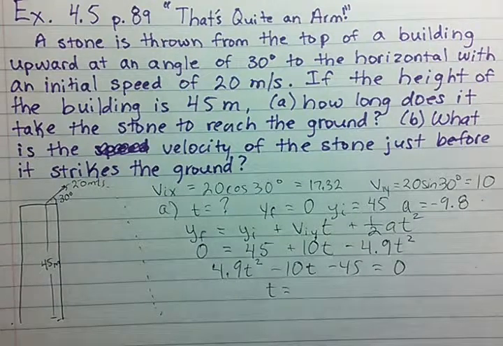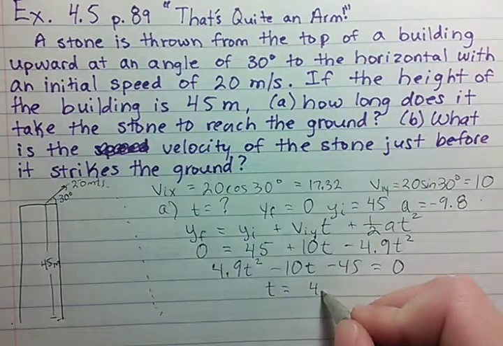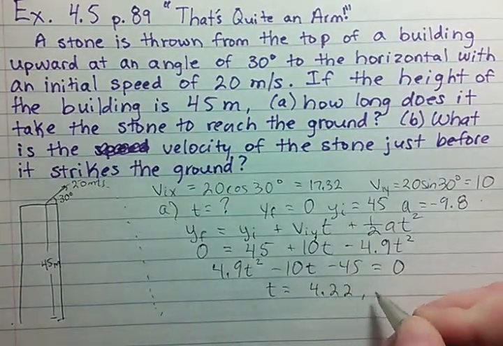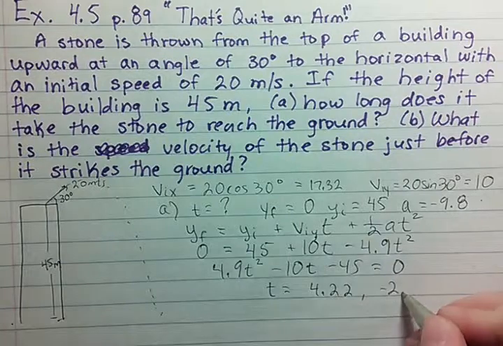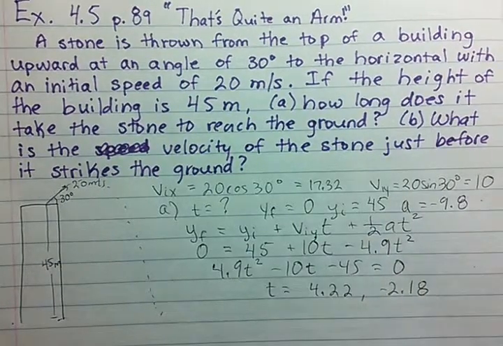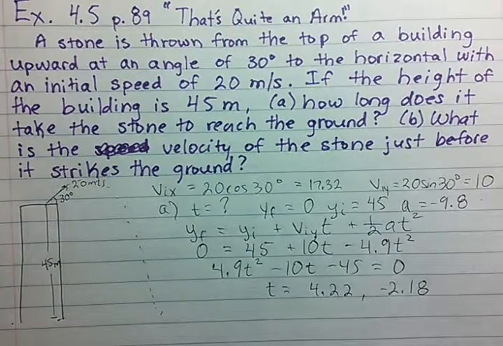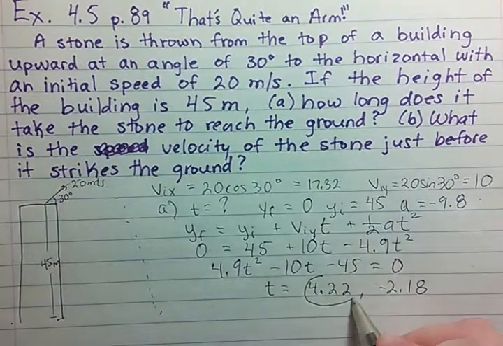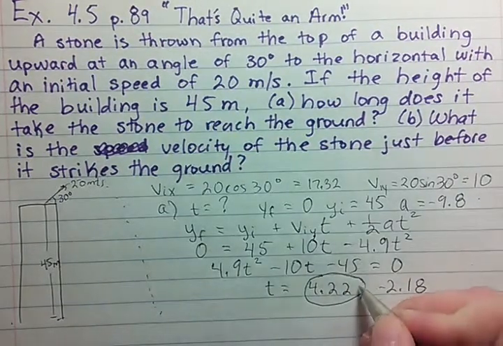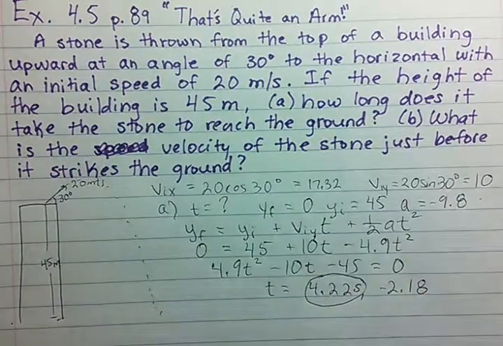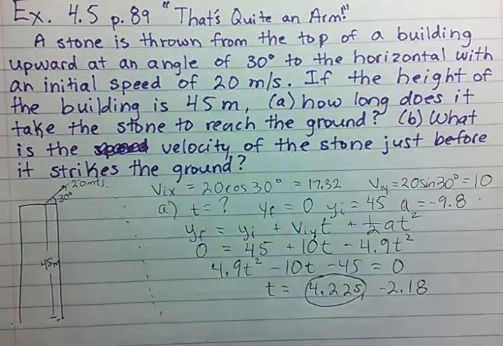If you plug that into a quadratic equation formula, then you should get, and obviously we want the positive answer here, so our answer to part A is 4.22 seconds. Don't leave out your units. Make sure you circle your final answer.